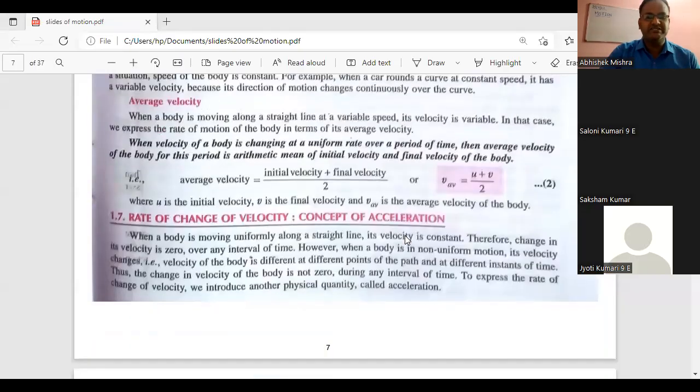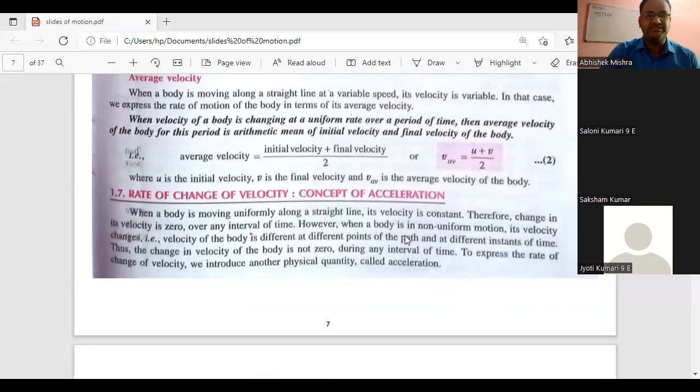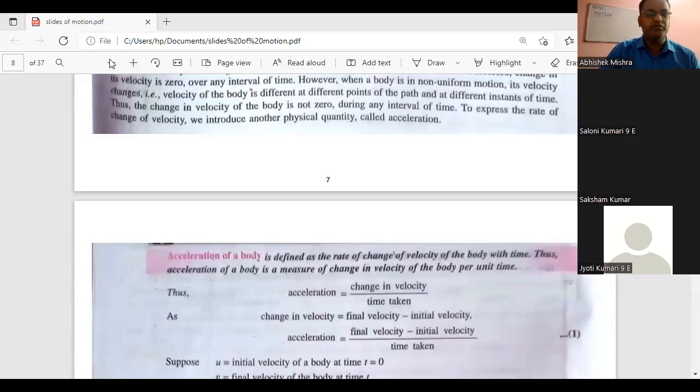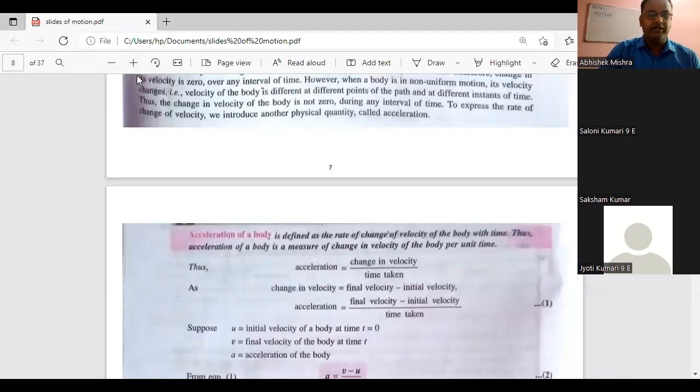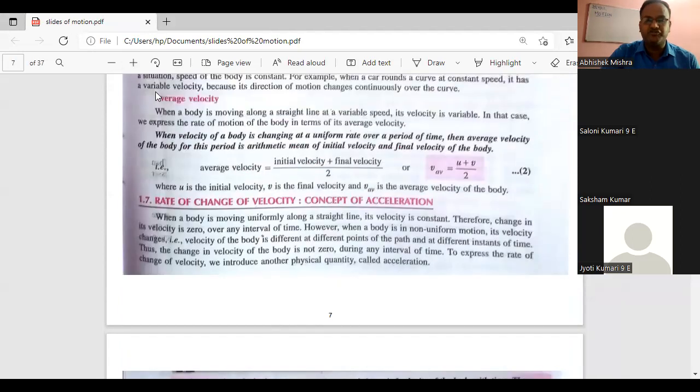Now, students, we will discuss the concept of rate of change of velocity. That is the concept of acceleration. Now, students, you might be knowing that acceleration is the rate of change of velocity of the body over time. When a body is moving uniformly along a straight line, its velocity is constant.